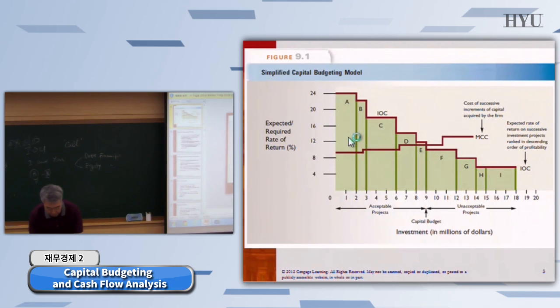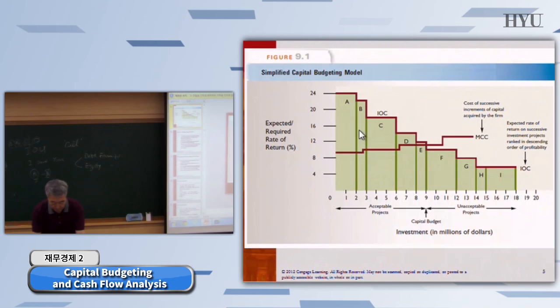So we have projects starting from A to I, right? And they are ordered in terms of the profitability or expected rate of return, right? And on the bottom here, on the horizontal axis, it shows the amount of money that's required, right? Amount of money that each project requires.